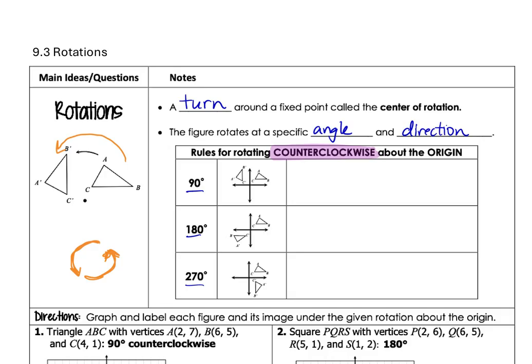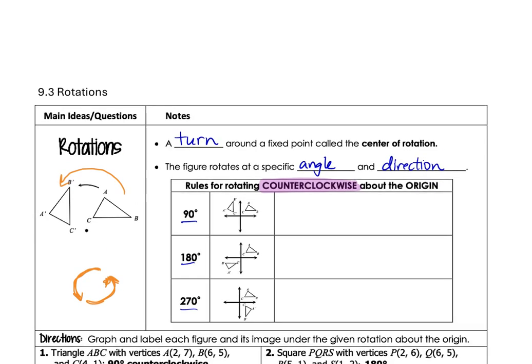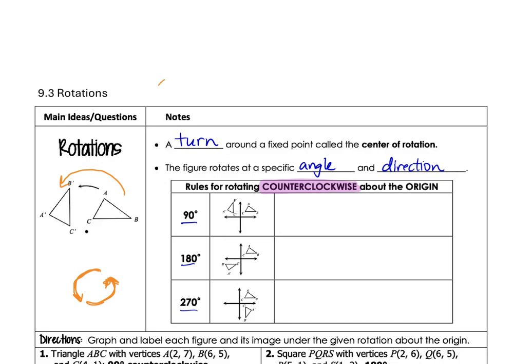Okay, so take a look at your piece of paper there. When you plotted 4, -2 and rotated 90 degrees, on the piece of paper we said that the point was 4, -2.